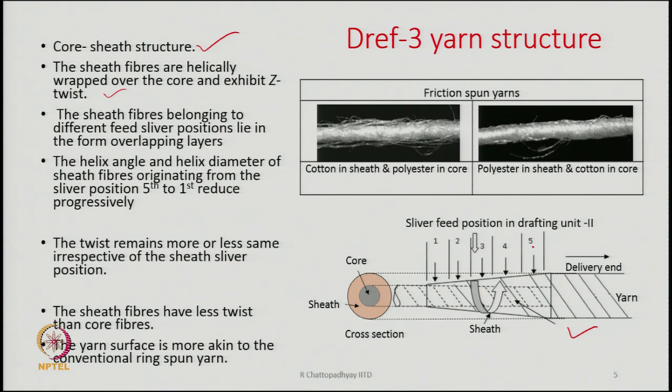See, from the upper side, these are the 5 slivers: sliver 1, sliver 2, sliver 3, sliver 4, sliver 5. Usually 4 to 6 slivers are placed, and all these slivers are simultaneously opened out by the opening roller, and the fibers belonging to these slivers will then move downwards and land on the friction drum.